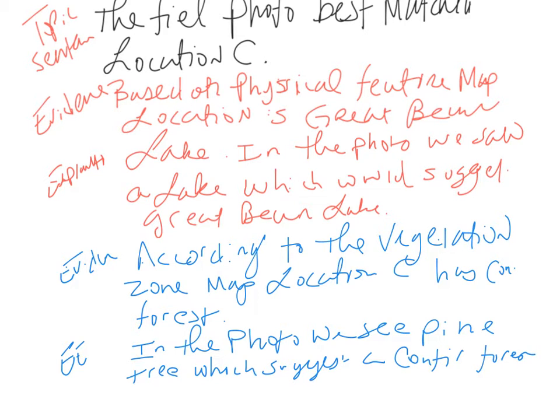I want you to pay attention that I'm always using this statement all at the end, which suggests. All right? This ties back in and shows how our explanation of evidence fits our evidence with our topic sentence, that it's location C. I have to keep on tying everything back. Everything has to prove that location C is the correct one.